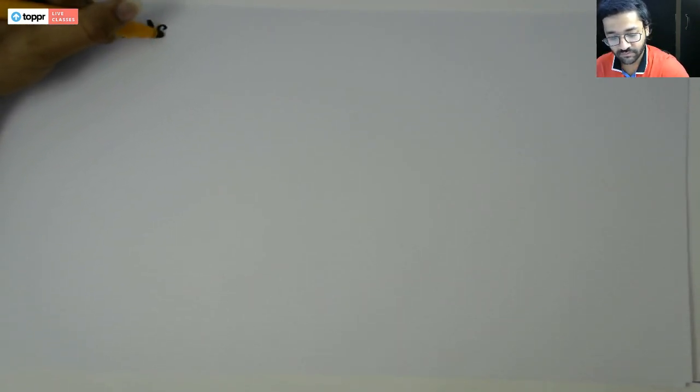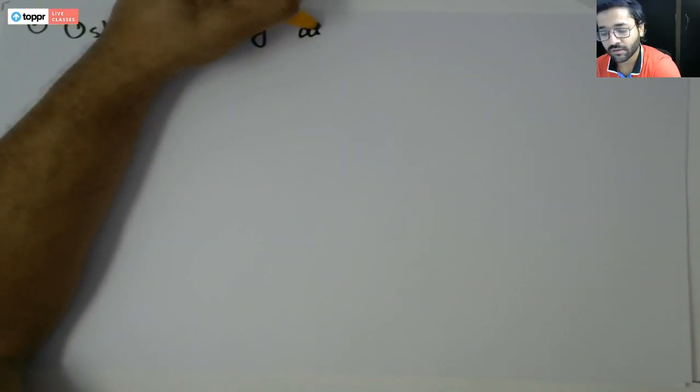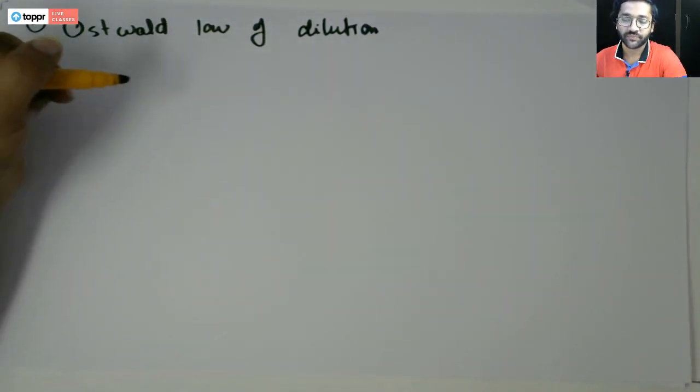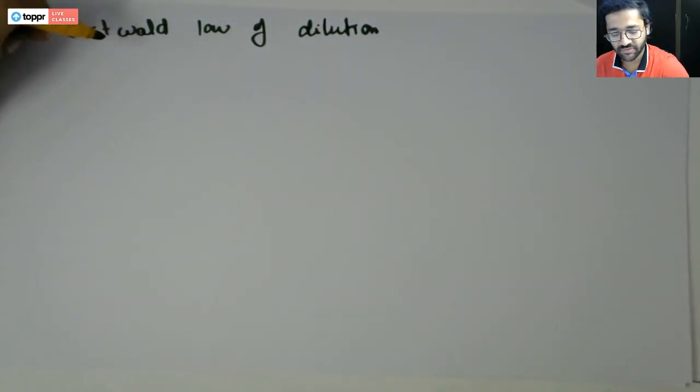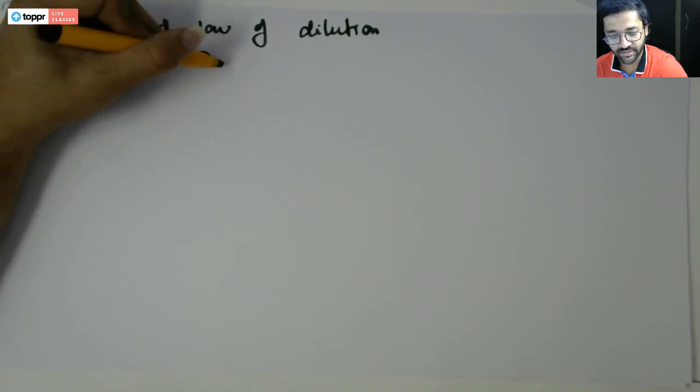So next we can talk about, in ionic equilibrium, a very important concept: Ostwald's Law of Dilution. Let's check it out with an example. We have CH3COOH.